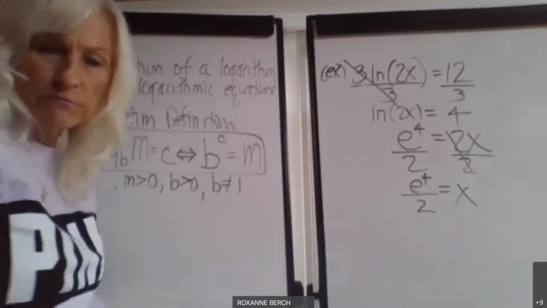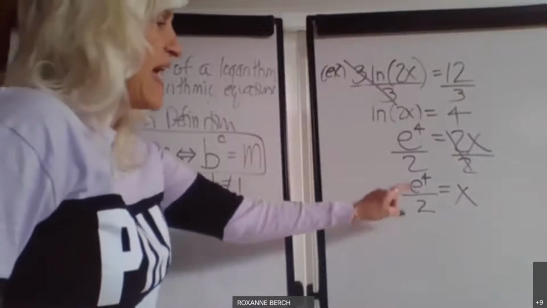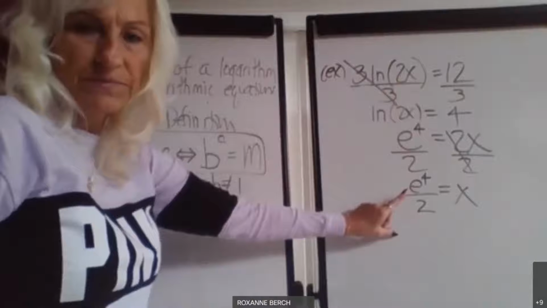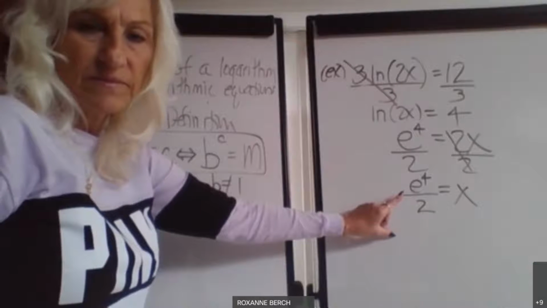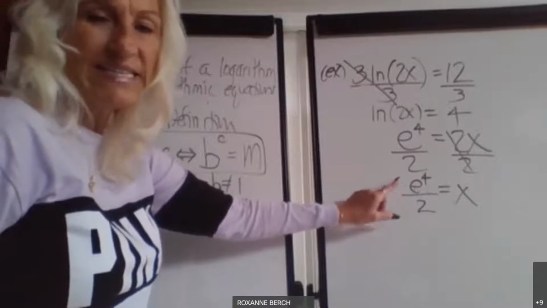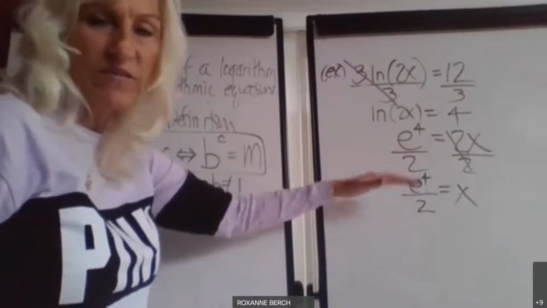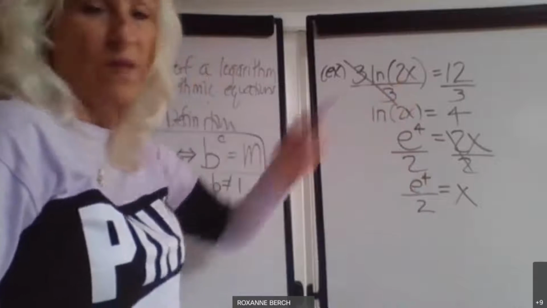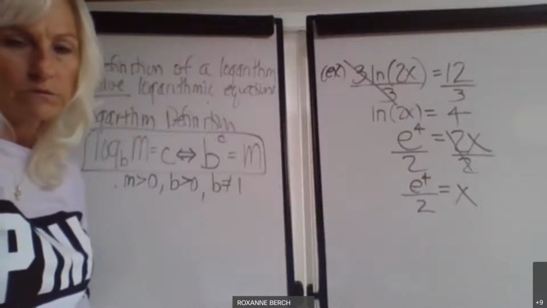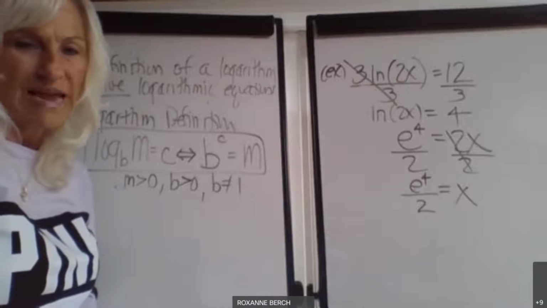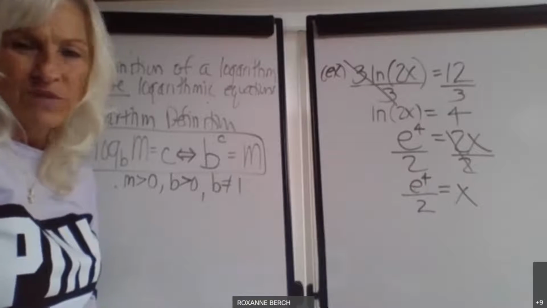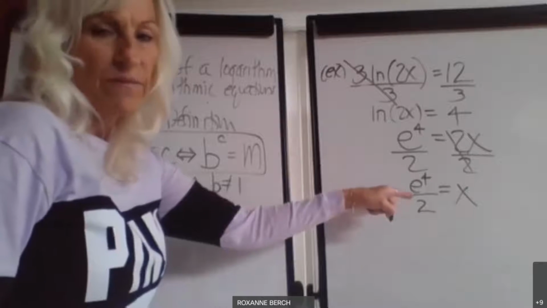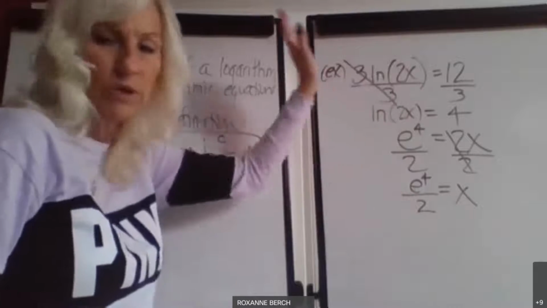But here's the question. Does that make the logarithm negative? Is 2.7 to the 4th power divided by 2 going to make the logarithm negative when you multiply by 2? No. Absolutely not. This is a positive, whatever it is, some decimal.